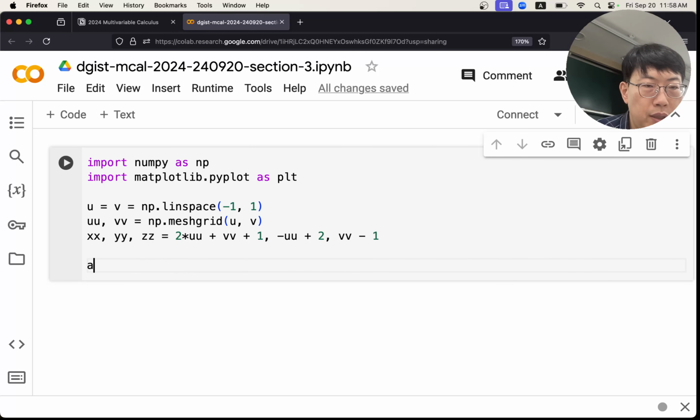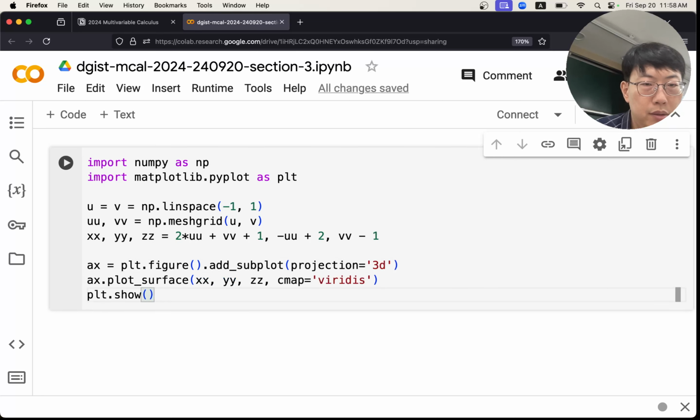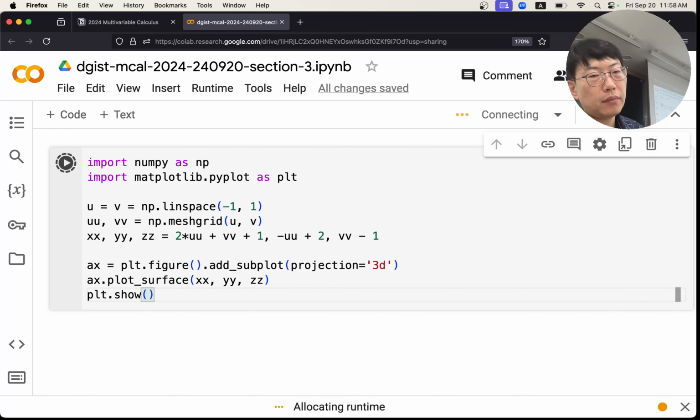So first, I think I should plt.figure, add subplot, and then I don't need the color map. So you will get the same figure, but that's not the same figure as in the slide, by the way.